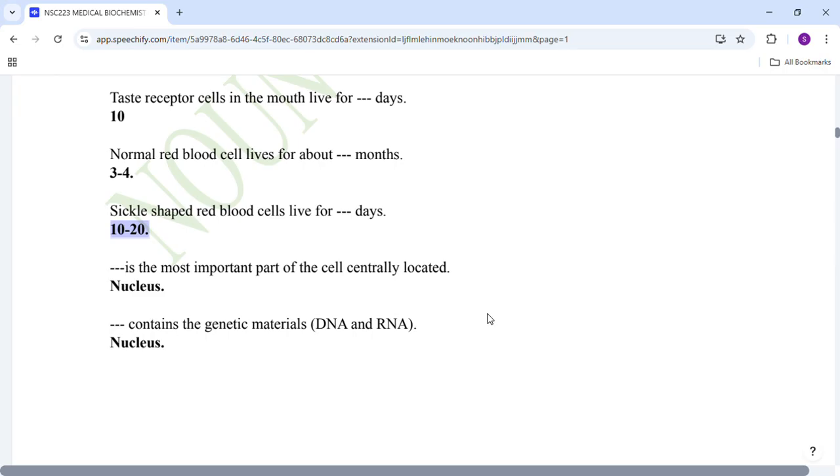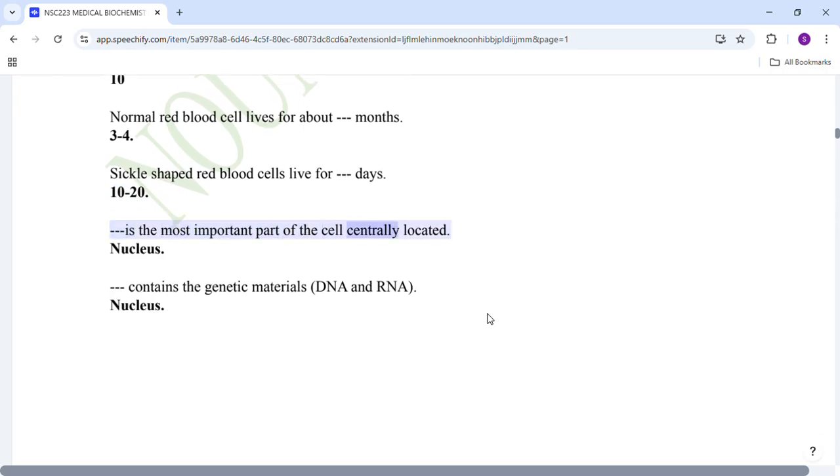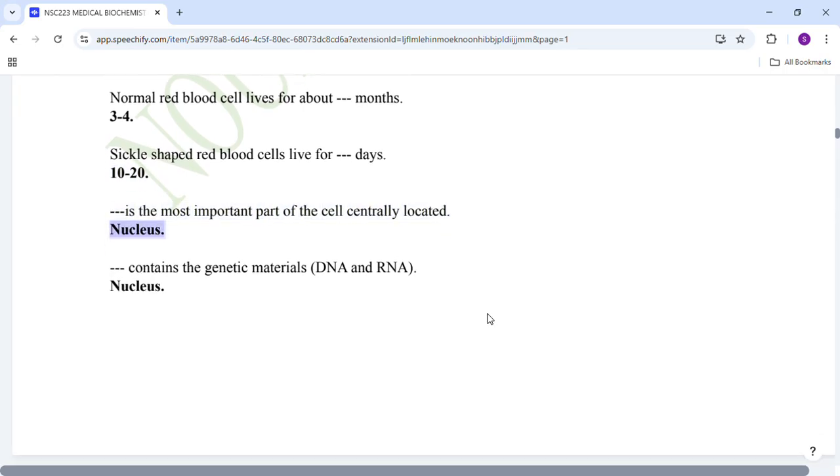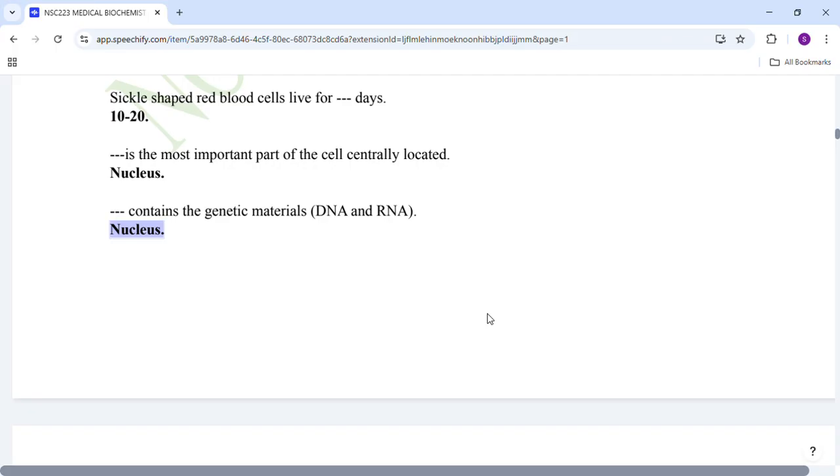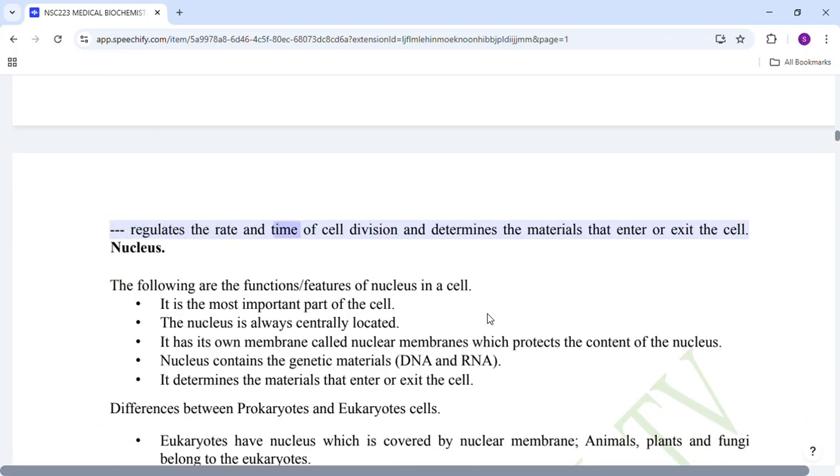The nucleus is the most important part of the cell, centrally located. It contains the genetic materials, DNA and RNA. It regulates the rate and time of cell division and determines the materials that enter or exit the cell.